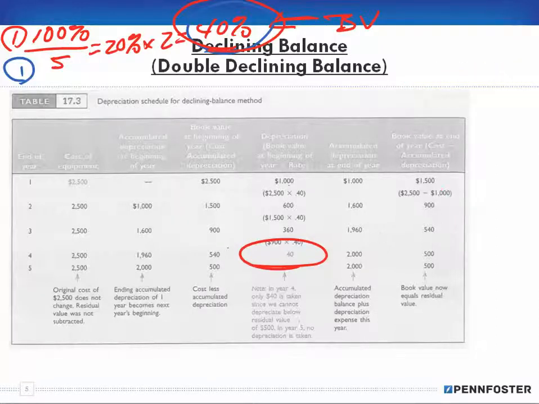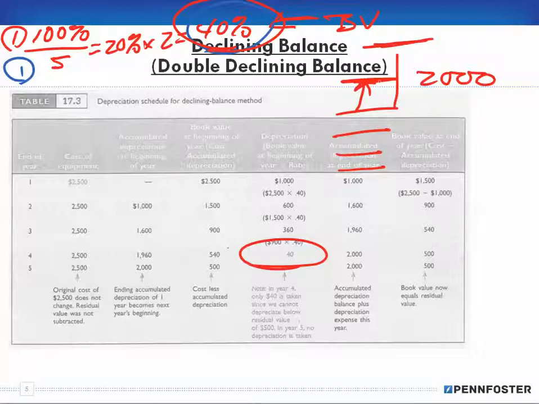If I'm only able to take 2,000 as my maximum, well, as I have increasing amounts of depreciation, I have to pay attention to when I can only take up to that 2,000, even though my calculation might say, oh, well, I should be up here greater than 2,000. I can't take that full amount.